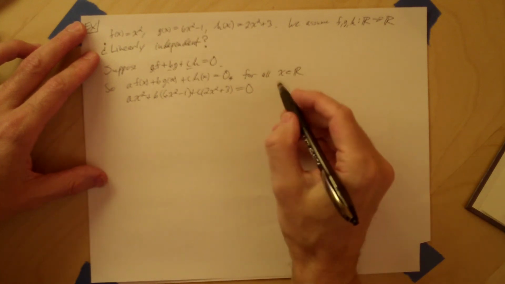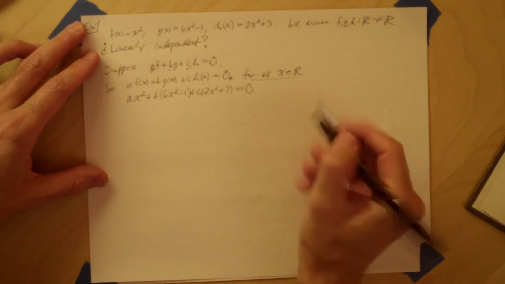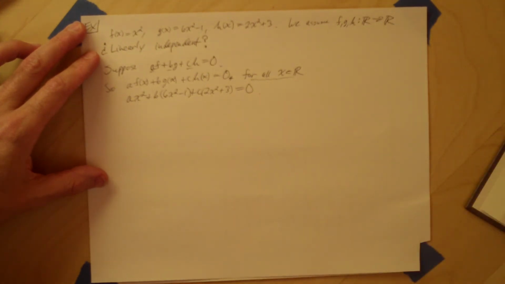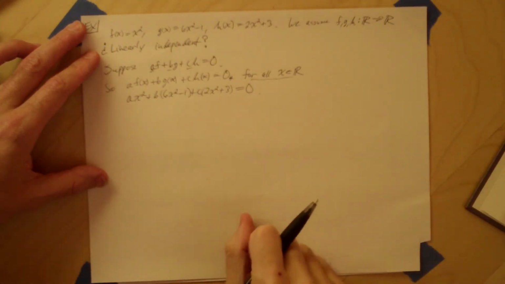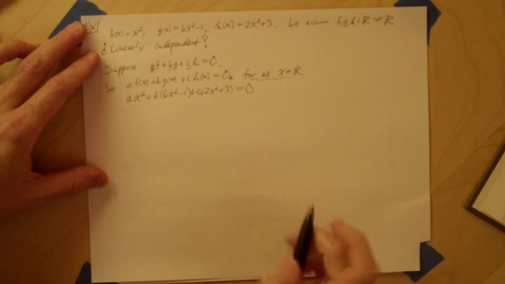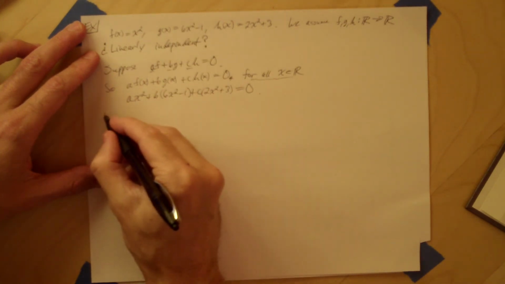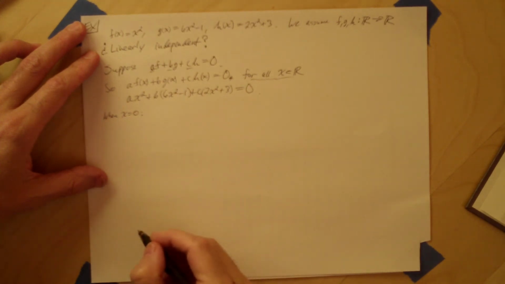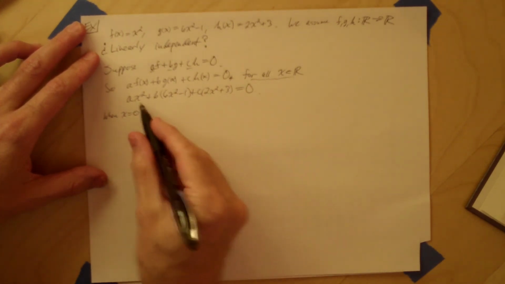This has to again be for all x element of the reals. So what happens if we have x be 0? If you let x be 0, this is gone.